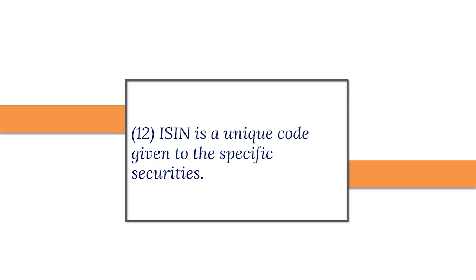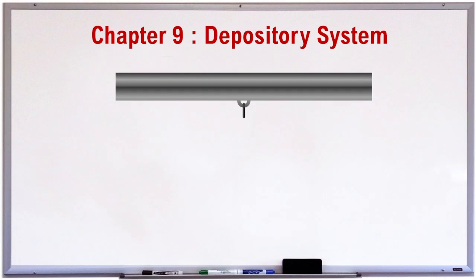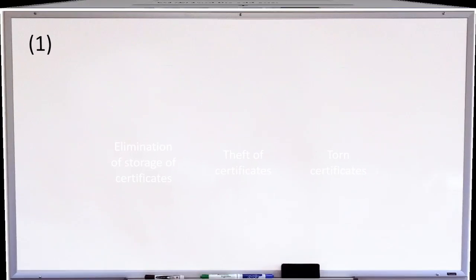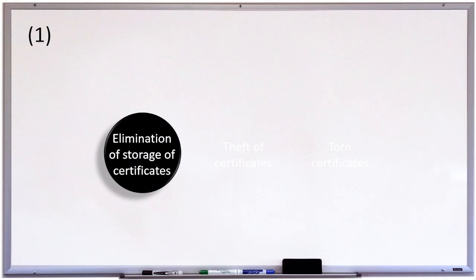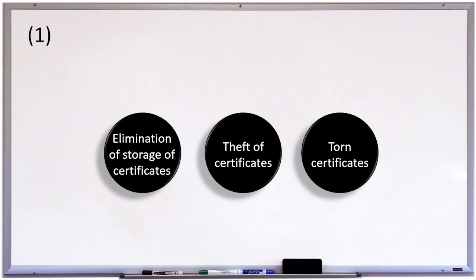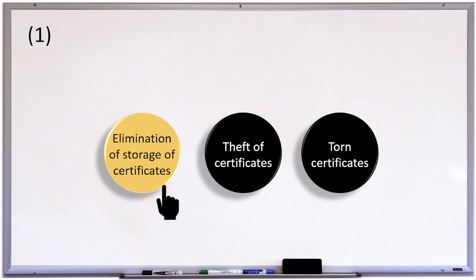This statement is true. Question 1. E. Find the odd one. Elimination of storage of certificates. Theft of certificates. Torn certificates. And the odd one is elimination of storage of certificates.